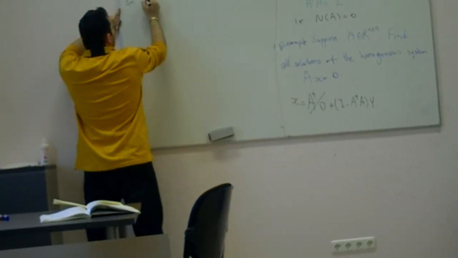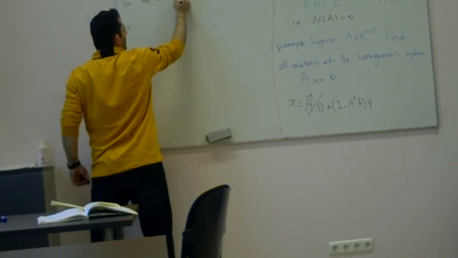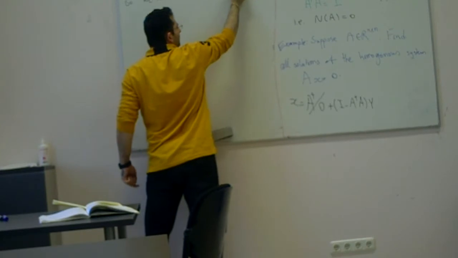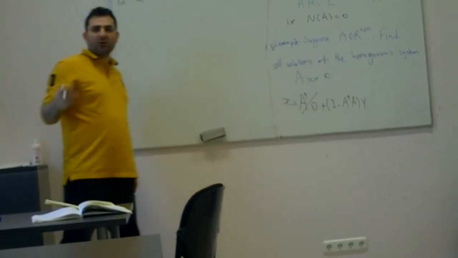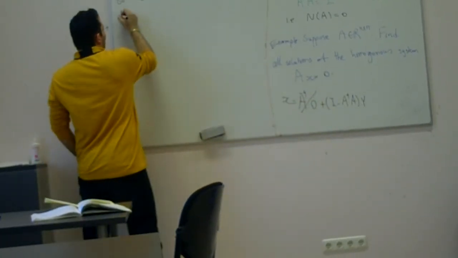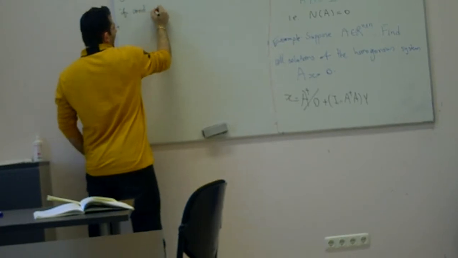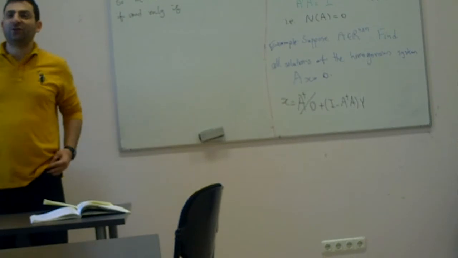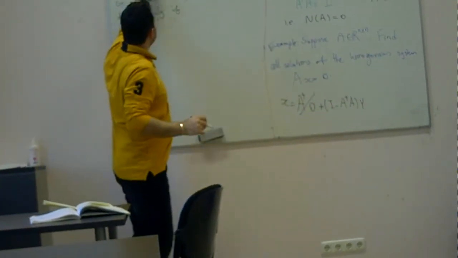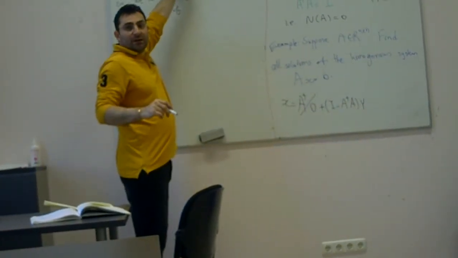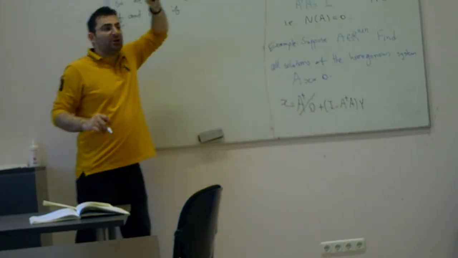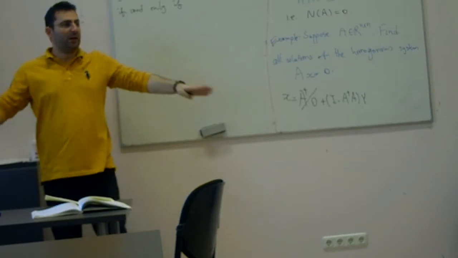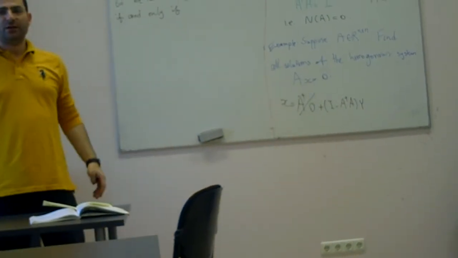So we have a non-zero solution, we have a non-trivial solution if and only if, under which condition do we have a non-trivial solution? Look, this means non-trivial solution. Under which condition do I have this? What is the condition that tells me that you have only the trivial solution?